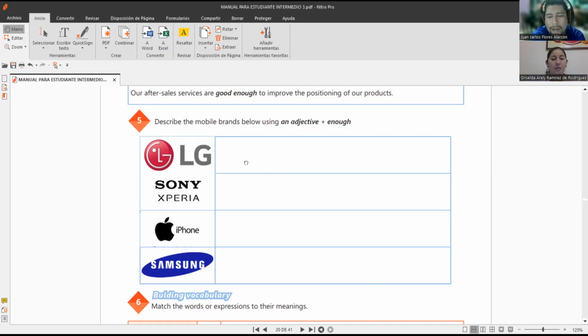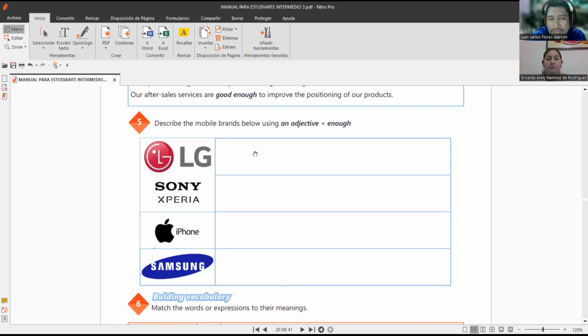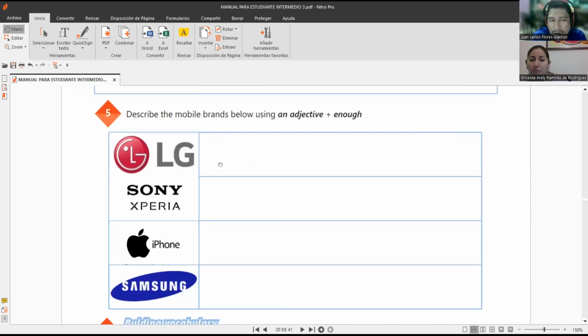Pero lo básico que conozcamos. Por ejemplo, el G, the LG Mobile has enough application.